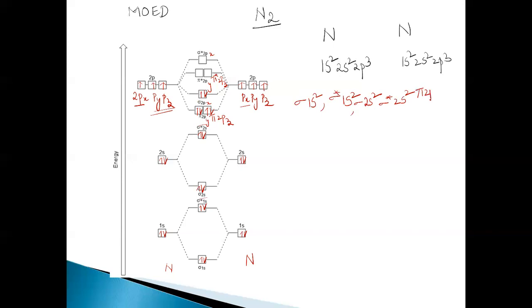So pi 2py2, pi 2pz2, and then comes sigma 2px2. So this is the filling up of the molecular orbitals in N2.